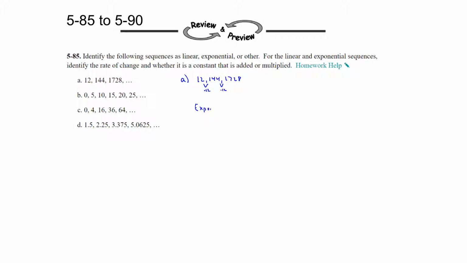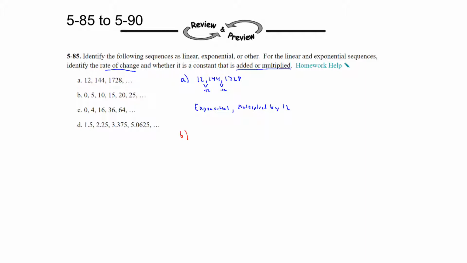And then we also want to identify what the rate of change is and whether it is a constant that is being added or multiplied. So this is an exponential, and it is being multiplied by 12. And that's what we're supposed to do on each of these questions.